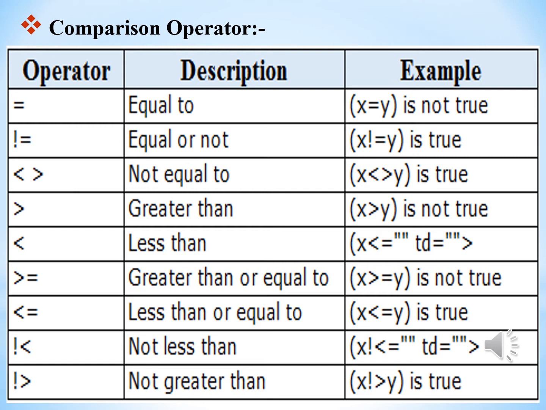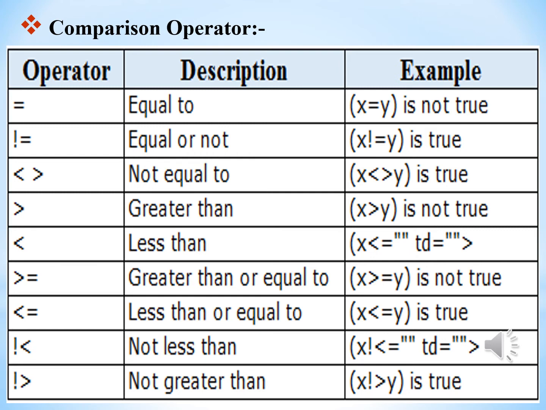This sign is called not equal. It checks whether both operands have the same values or not. If not, the condition becomes true, so x not equal to y is true. Then greater than. It checks whether the left operand is greater than the right. If so, the condition becomes true. Then x is greater than y, 10 is greater than 5, is true.